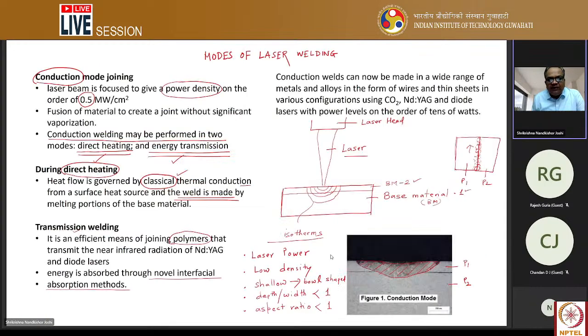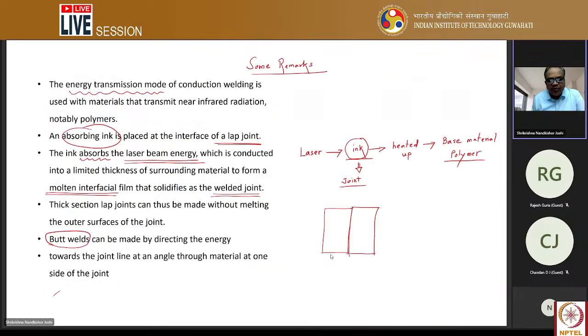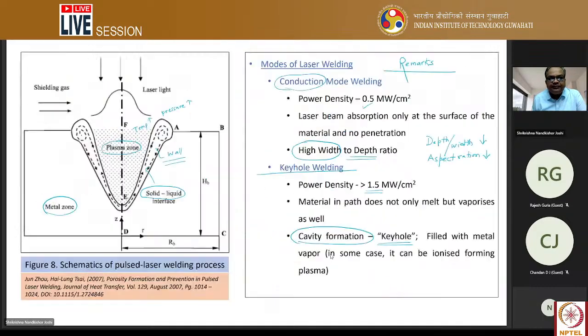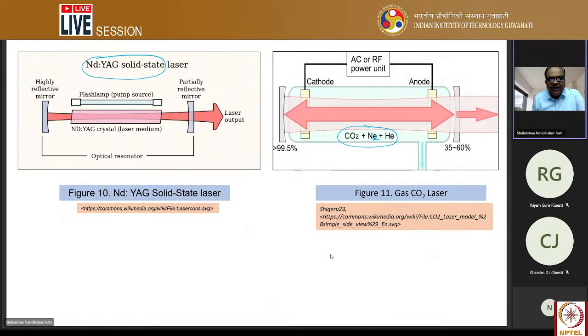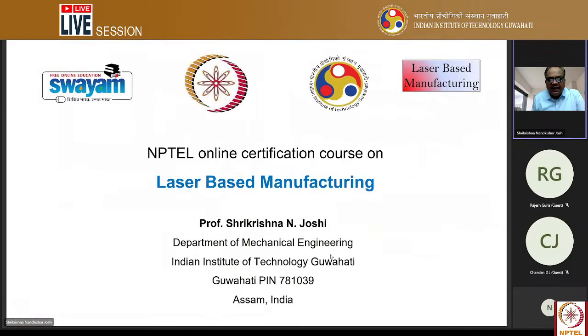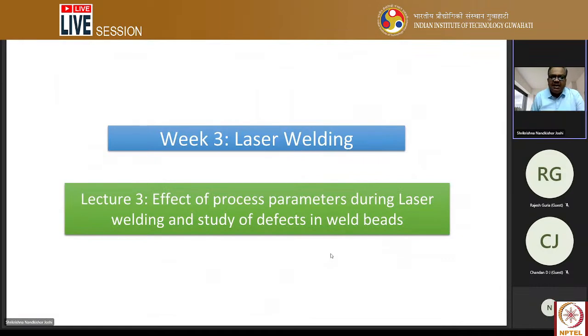Right, mechanisms of laser welding. There are two modes, that is keyhole-based laser welding and the conduction mode. We have seen both of them in detail. Then various types, and then we have seen the process parameters used in laser welding, and what various defects also we have seen.